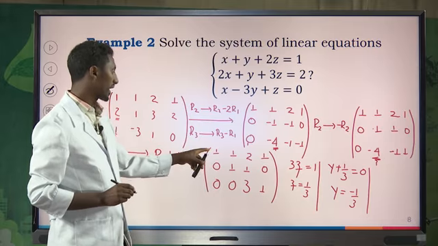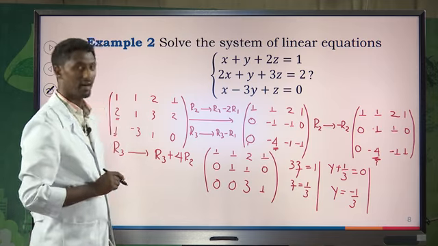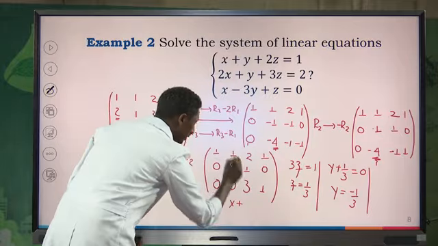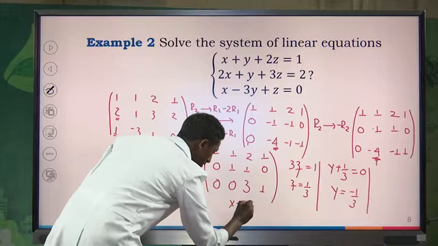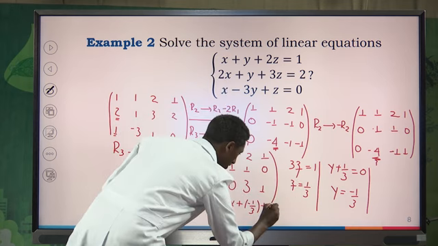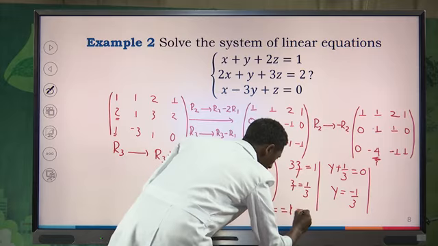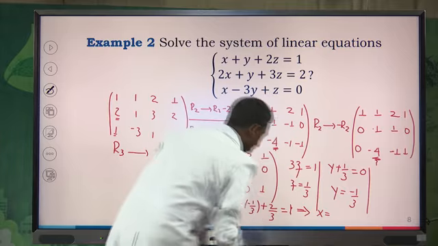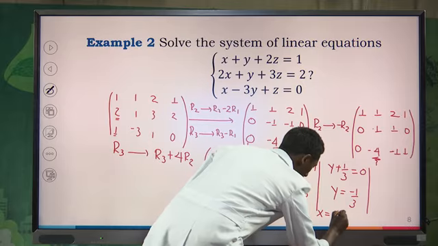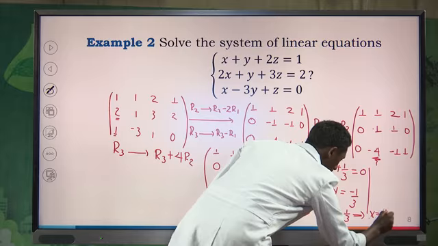Similarly, to determine the value of x, the first equation is x plus y plus 2z equals 1. Substituting, x minus 1 over 3 plus 2 times z, that's 2 over 3, equals 1. This implies x equals 1 minus 1 over 3. This implies x equals 2 over 3.